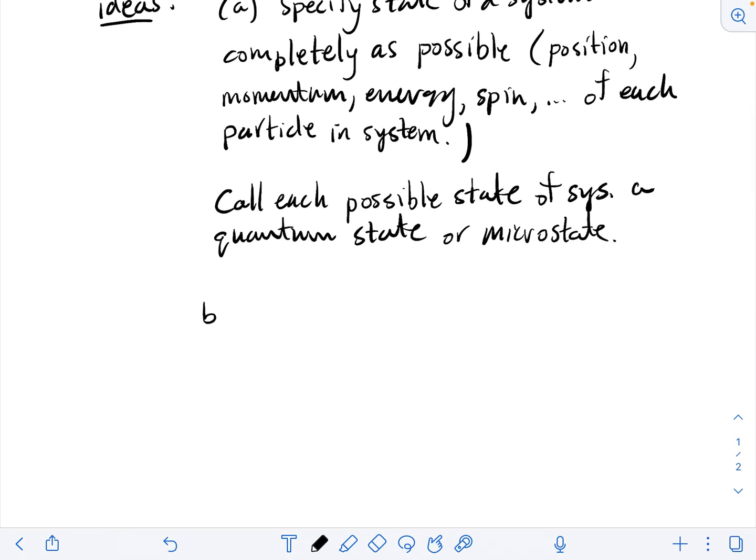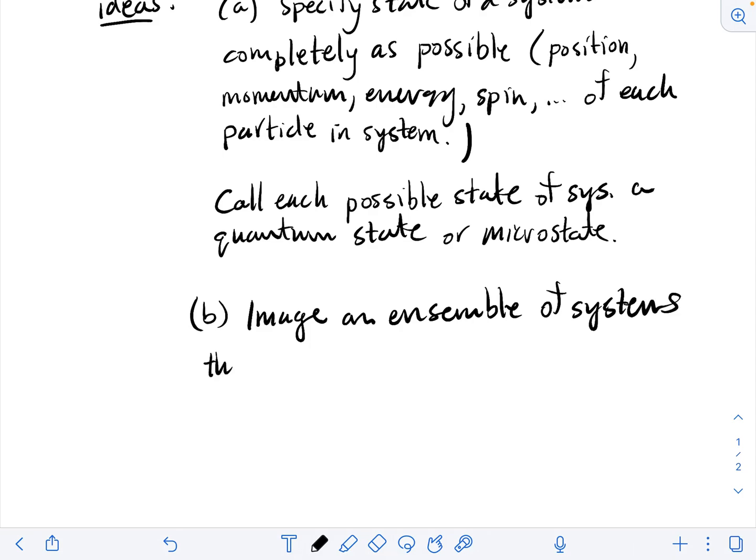Okay, so next we're going to imagine an ensemble of systems. These are a collection of systems that are identically prepared. You might be thinking of a closed jar of some kind of gas.